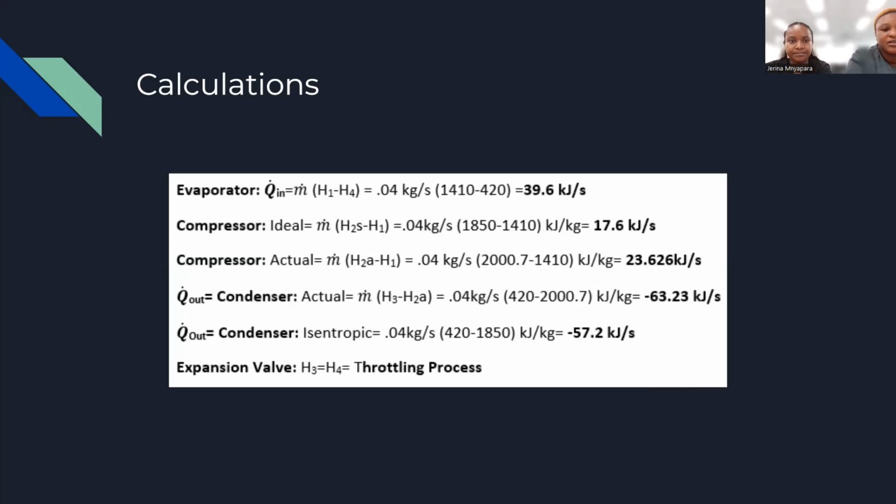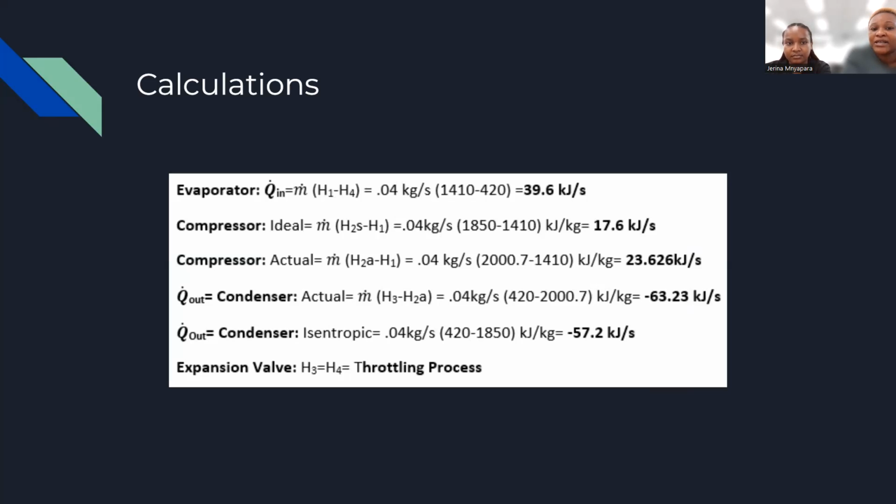And then we also calculated the heat in the evaporator, which we converted by multiplying by the mass flow rate, and we got 39.6 kilojoules per second. We did the same thing for the compressor, the work in the compressor isentropically.